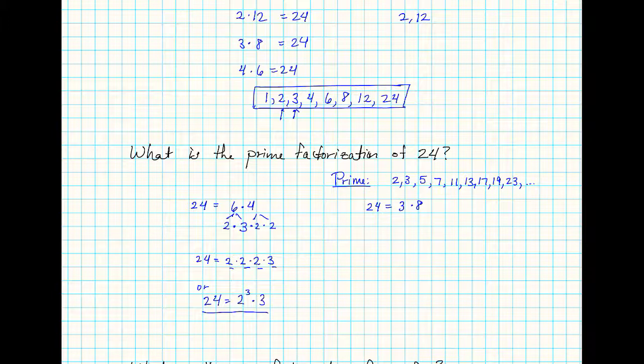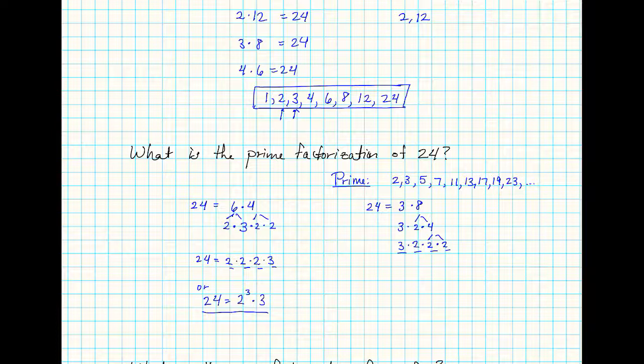But the 8 is 2 times 4. And now we have 3 is done, 2 is done, but the 4 is 2 times 2. So again, we still have 1, 2, 3 factors of 2 and a factor of 3. So that's the first thing I want you to notice.